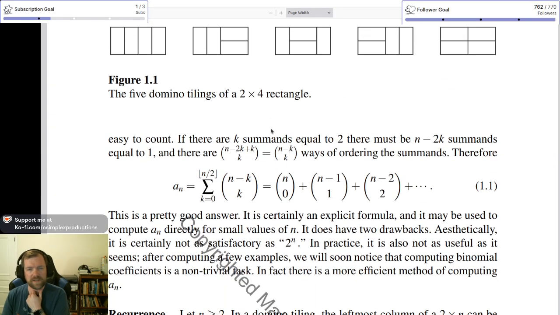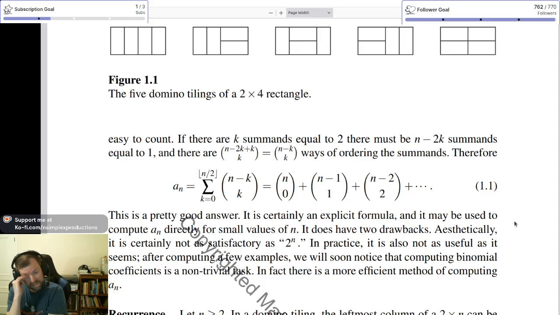If there are k summands equal to 2, there must be n minus 2k summands equal to 1. And there are n minus 2k plus k choose k, which equals n minus k choose k, ways of ordering the summands.